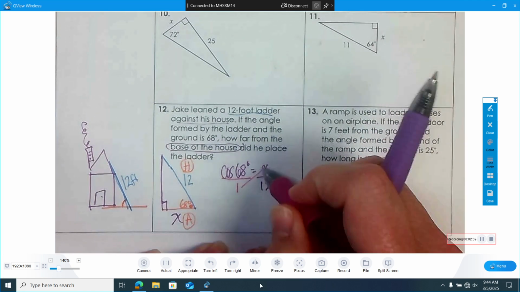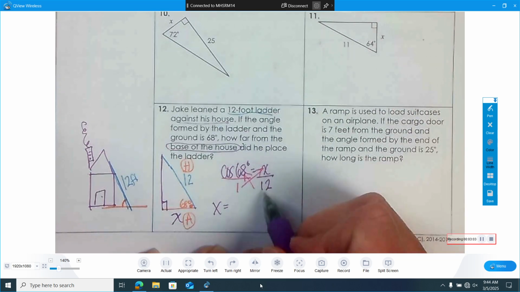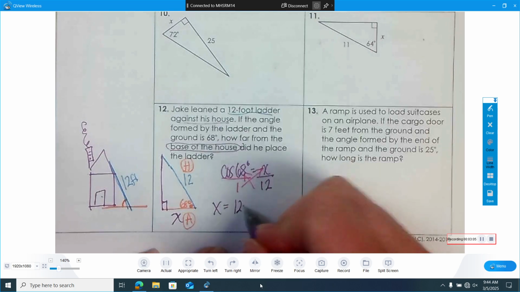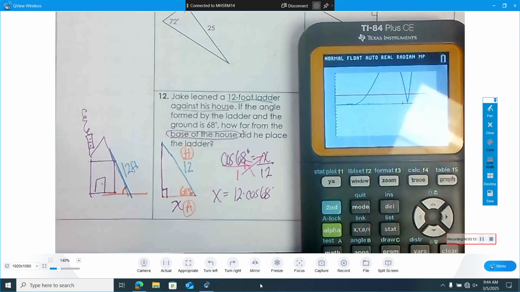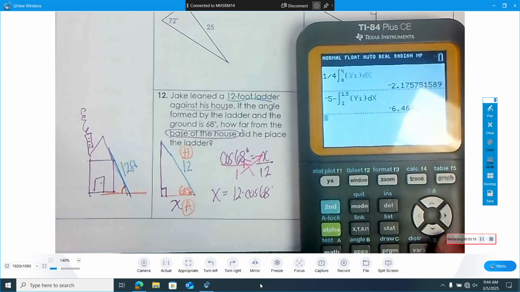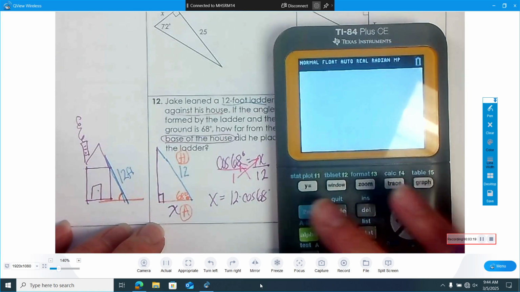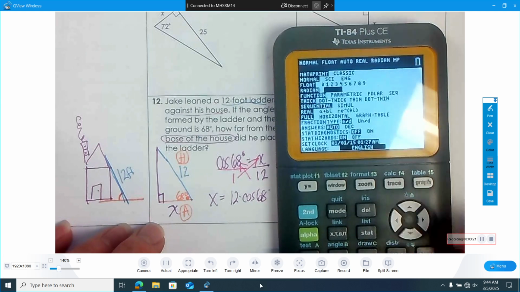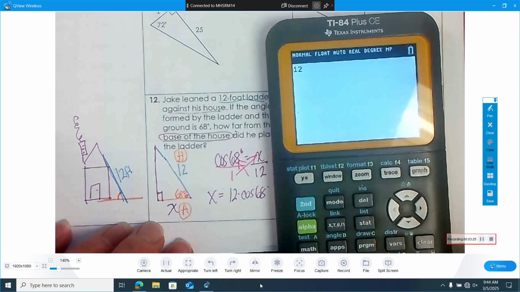Cross multiply. All right, so we have 1 times x is x, and 12 times the cosine of 68. We just write it out, and now that x is all alone, we can use our calculator. What mode should you be in? Degree mode. Please check what mode you're in. I am no longer in degree mode because the real world doesn't use degrees.